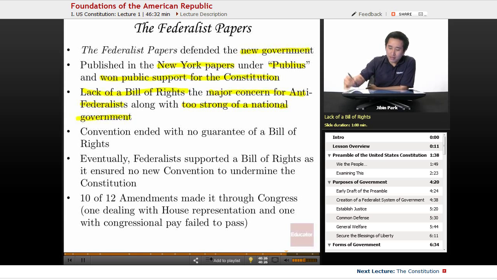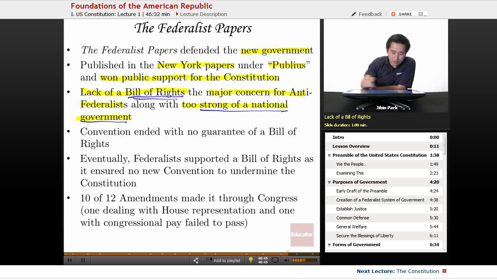The Anti-Federalists said that wasn't enough, and they wanted a Bill of Rights. The government that was enacted was a little bit too strong for the tastes of the Anti-Federalists.